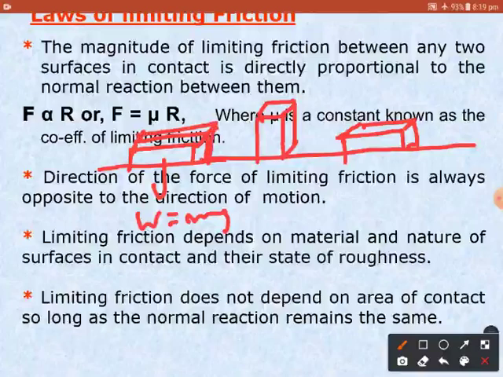Just like you are keeping your instrument box on a table. If you are keeping it like this, and making it sit in this way, right? So the flat portion is where? The flat portion here, it is the larger area.